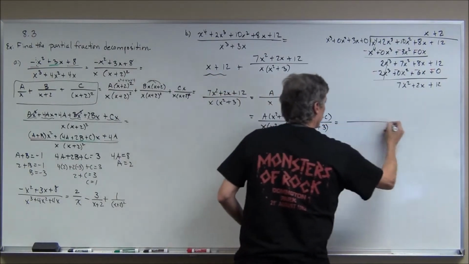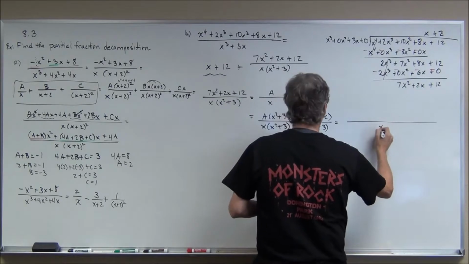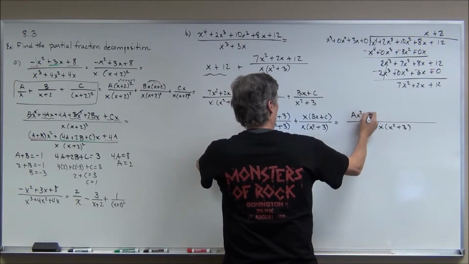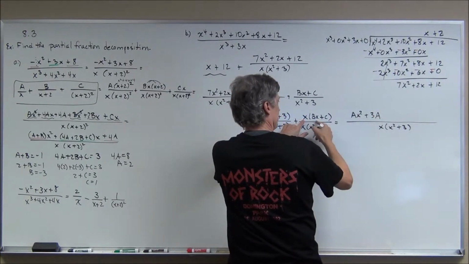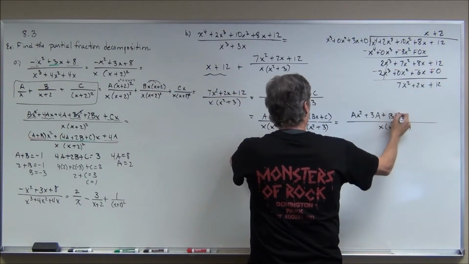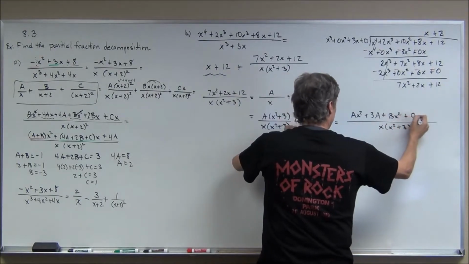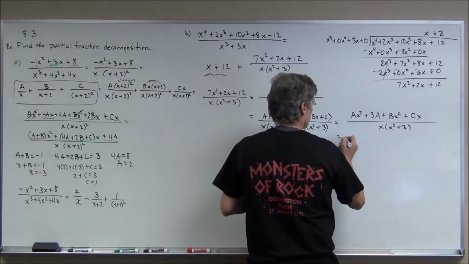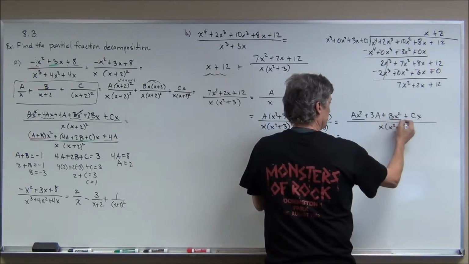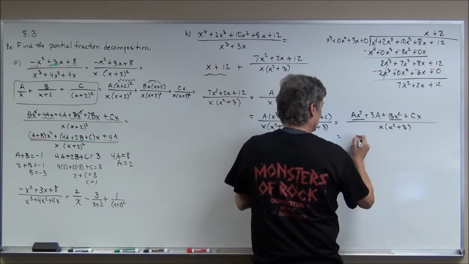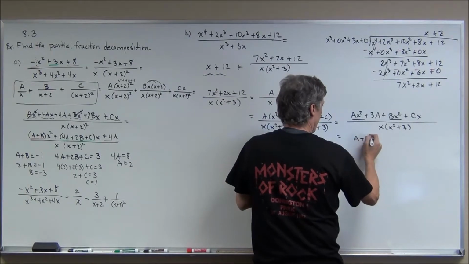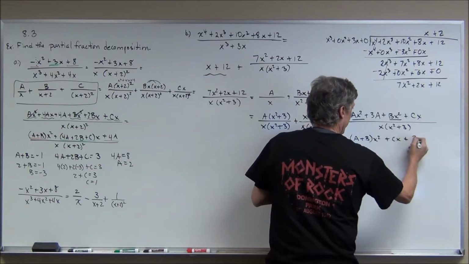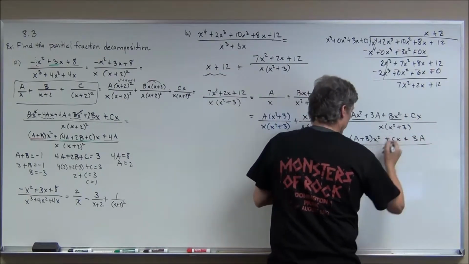So if I put it all over my common denominator here, ax squared plus 3a plus bx squared plus cx. Well, I'm going to rewrite this, combining like terms, and I only have these two. So if I factor out the x squared, that gives me a plus b, that quantity, times x squared, plus cx plus 3a, my constant, all over my denominator.